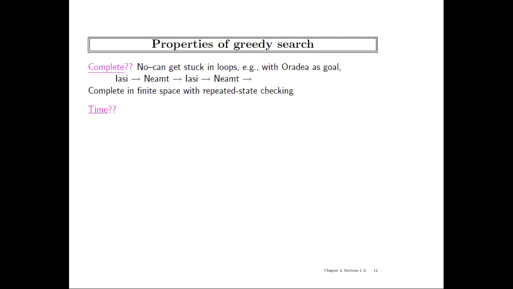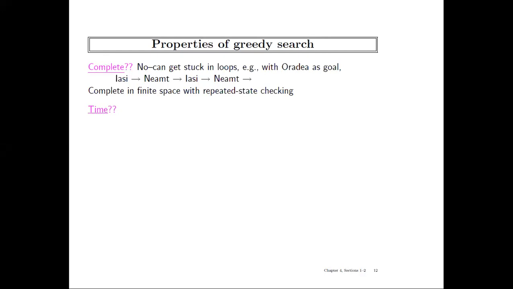So completeness, no, it is not complete. Why? Because in these problems, the algorithm might get stuck in loops. Why loops? Because whenever we are converting the network diagrams into tree diagrams, you have repeating nodes.